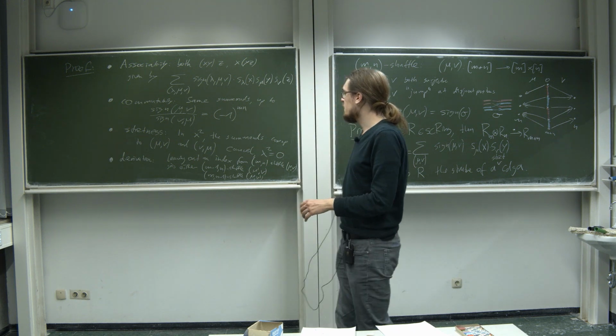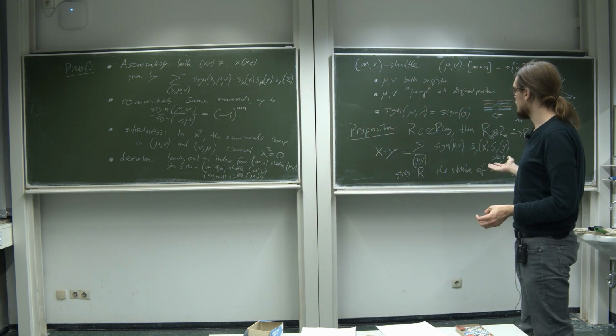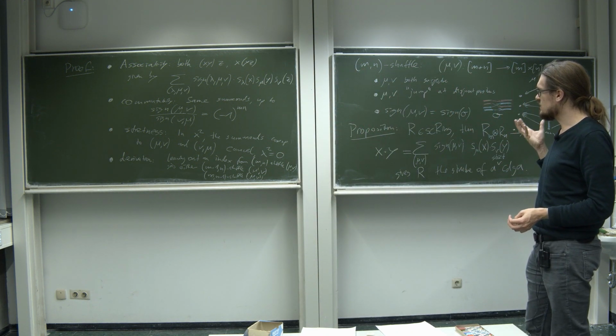So that's roughly how this product structure arises, how you get these CDGAs from simplicial commutative rings.